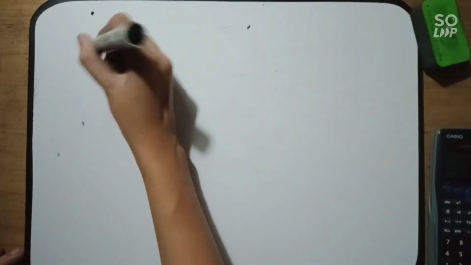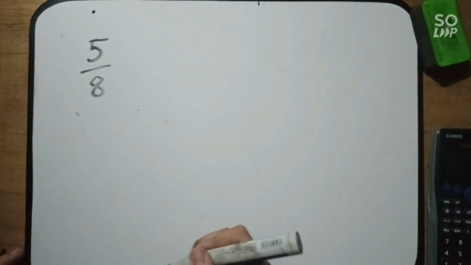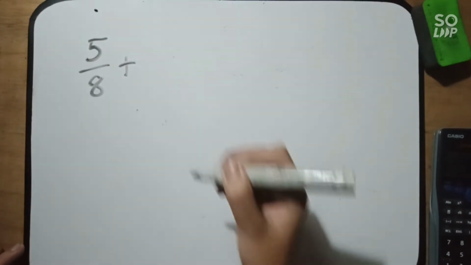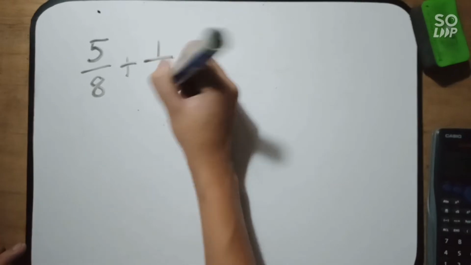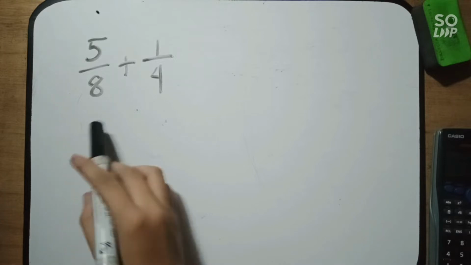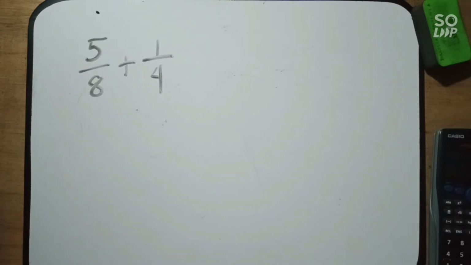So in here, the given are 5 over 8, which is the amount of pizza Justin ate for dinner, plus 1/4, which is the amount of pizza Justin ate for bedtime snack. Since the denominators are not the same, the first thing that we need to do here is to find the LCD.